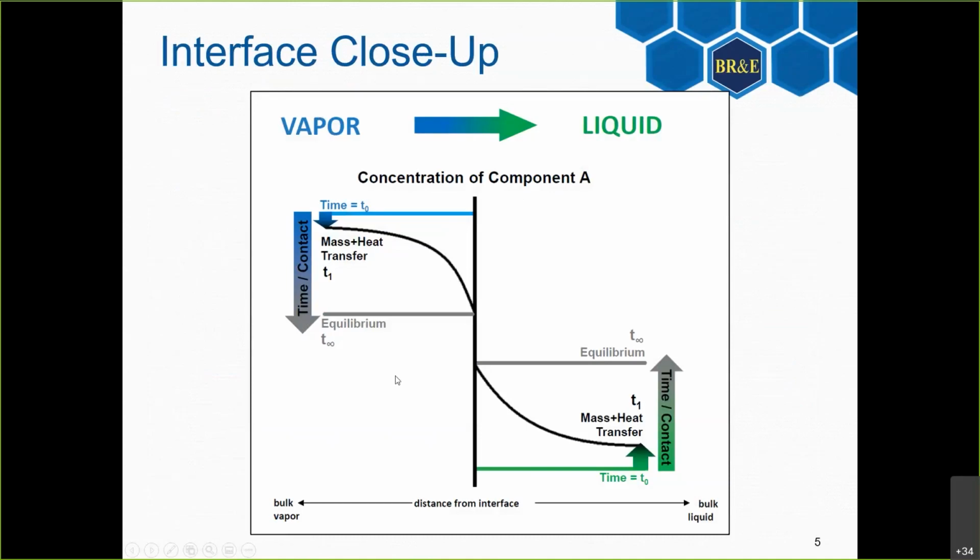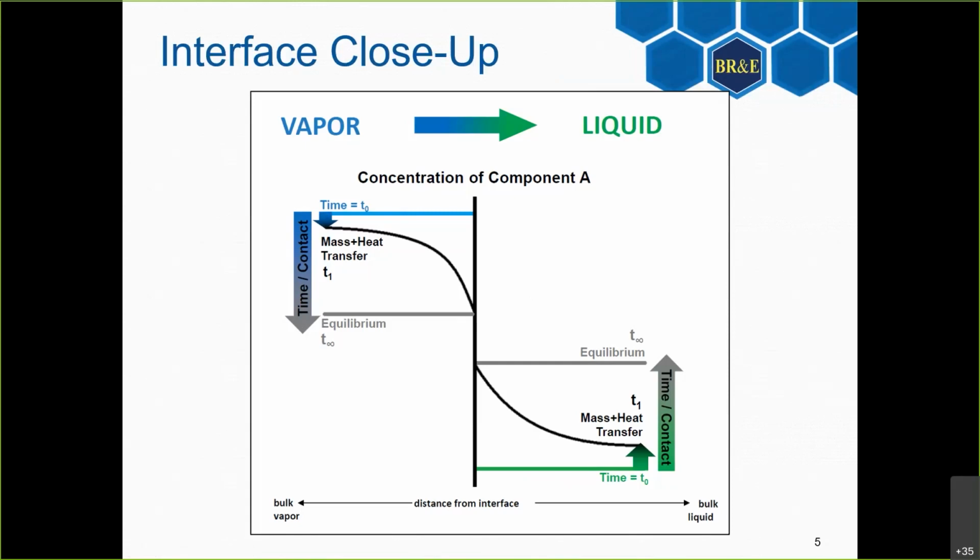We have vapor on the left side and liquid on the right side. What's happening is that we have some initial concentration of this component A. If we allow the mixture to be in contact for some time, the composition is of course going to change. And if we let it sit for a really long time, we would eventually reach equilibrium, which is represented by these gray lines.